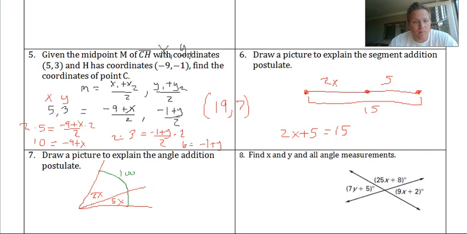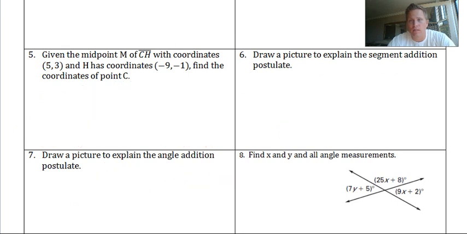Well, we know that when we take these two angles and add them together, they're going to equal the full angle. So when I take 2x plus 5x, it's going to equal that full angle, which is 100 that we have right there. Okay. On my next one that I have right here, we're going to find x and y.